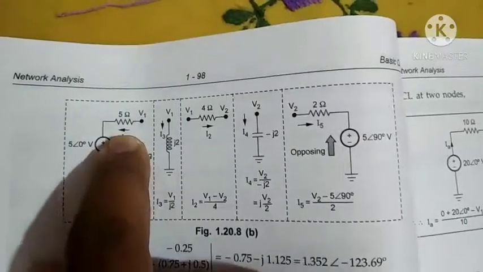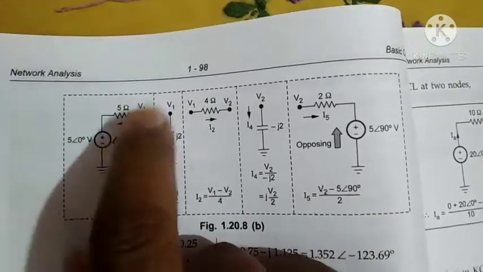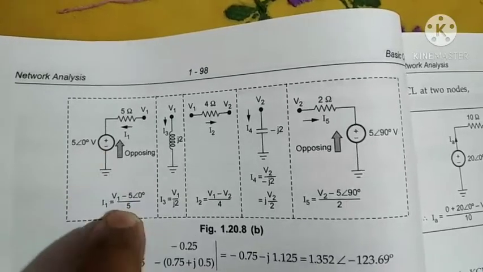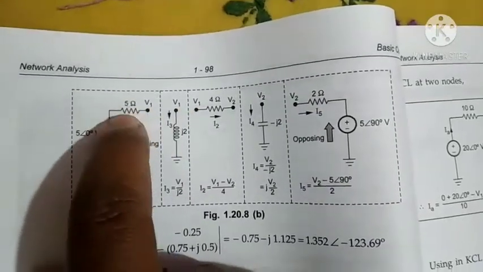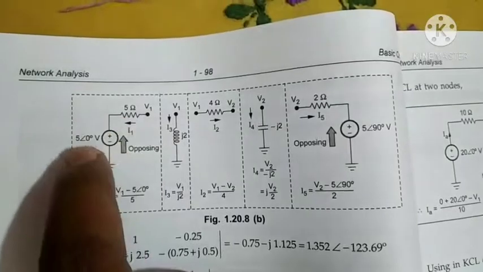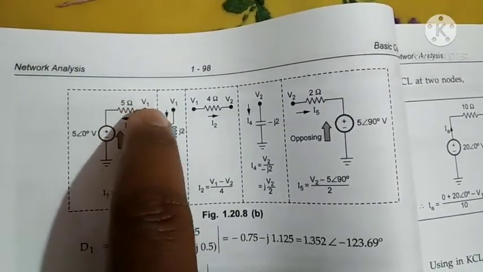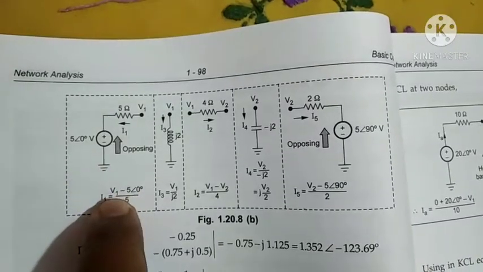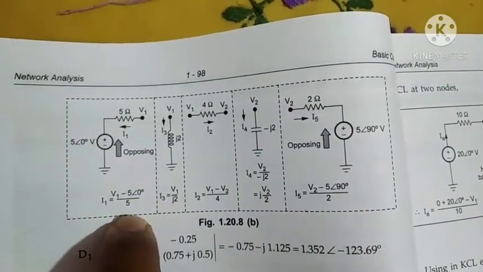So I have to take V1 minus 5 with angle 0, meaning the voltage across this resistance is between V1 and 5. It starts from V1 and moves towards 5 with angle 0. So I1 is V1 minus 5 with angle 0, divided by 5.